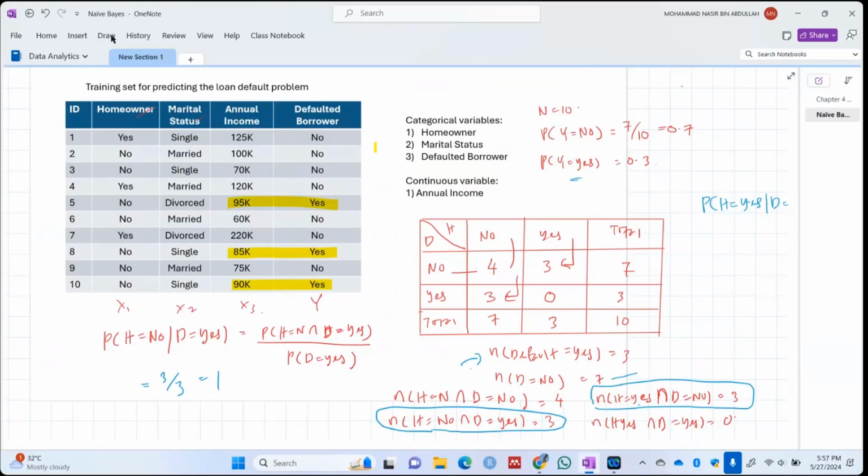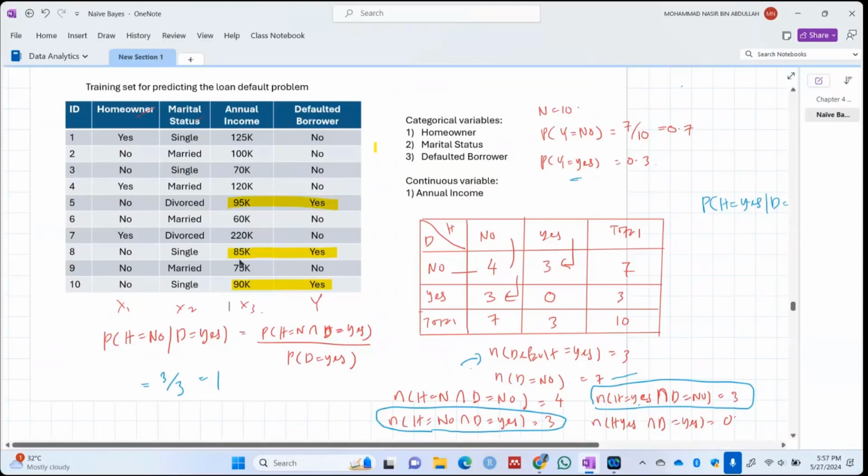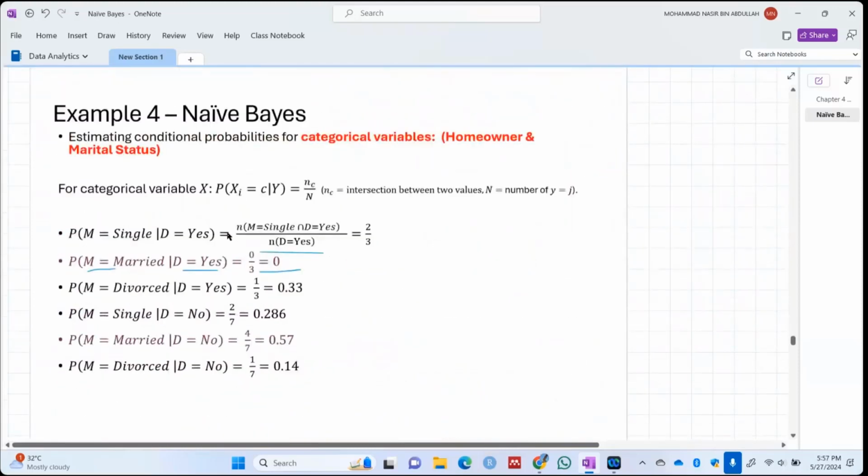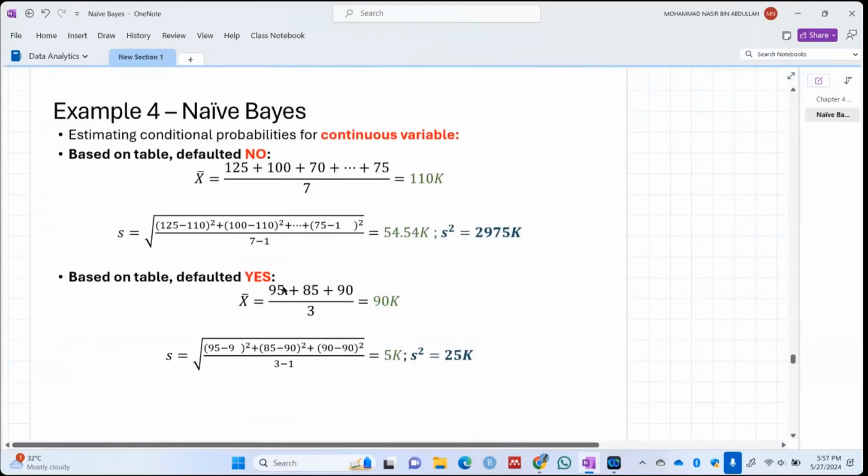This means we take these three numbers, 95, 85, and 90, add all together, divided by 3, and we got 90K, 90,000. And we find the standard deviation.